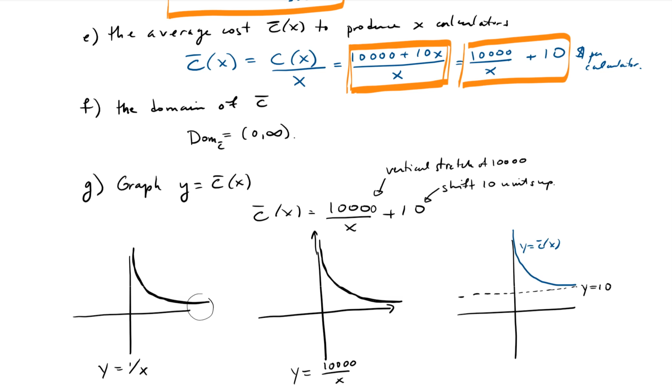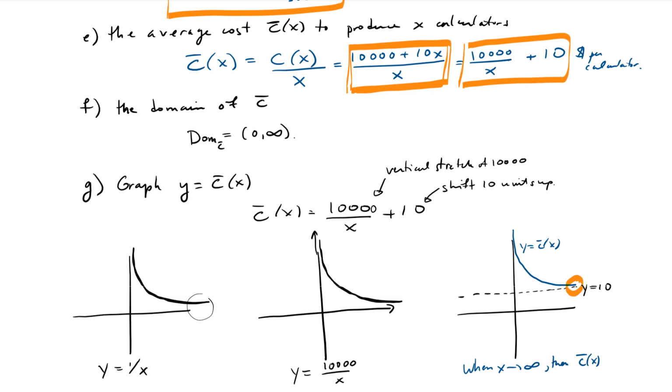So you can see that as x goes to infinity, what happens to our average cost? The average cost, c bar of x, will tend towards its asymptote.